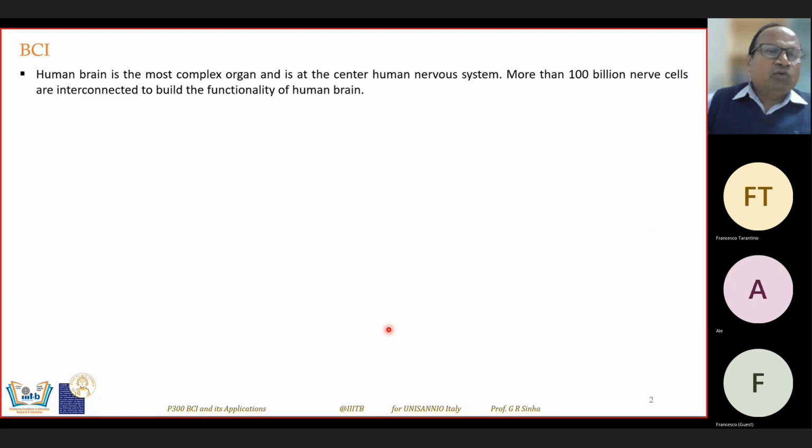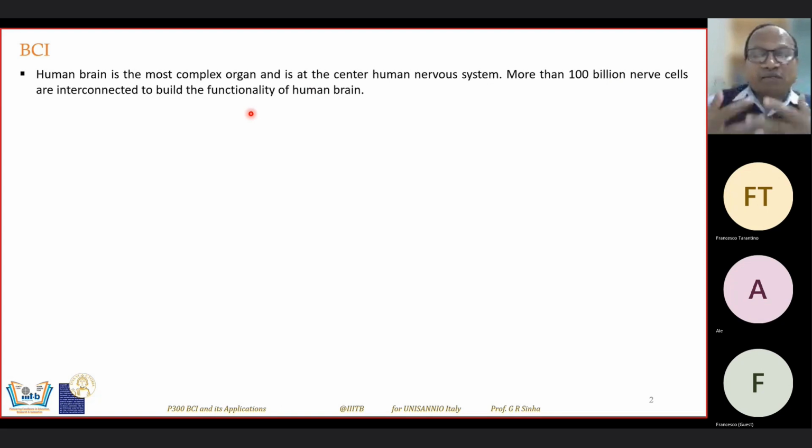As you know, the human brain is the most complex, because we are talking about P300 BCI. Obviously in the very first slide, we have to again recall what we mean by BCI. The human brain, we know, is a very, very complex organ. It has billions of neurons, all those neurons are in the nervous system, and the brain is always at the center of the human nervous system. 100 billion nerve cells are interconnected to build the functionality of the human brain.